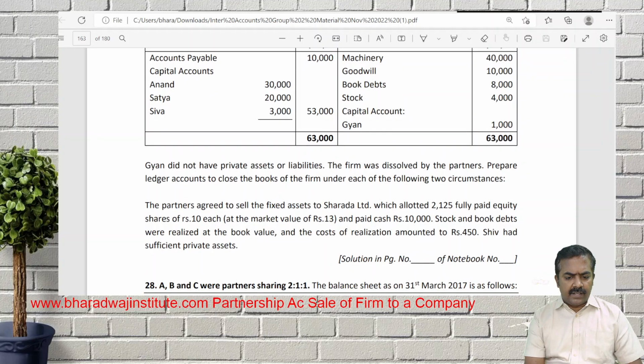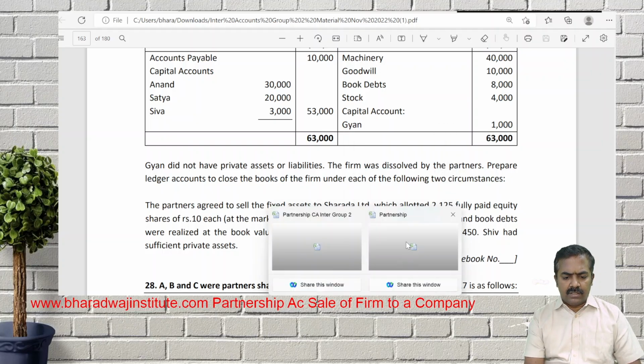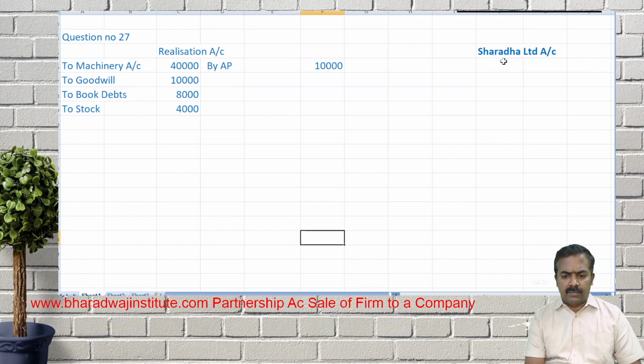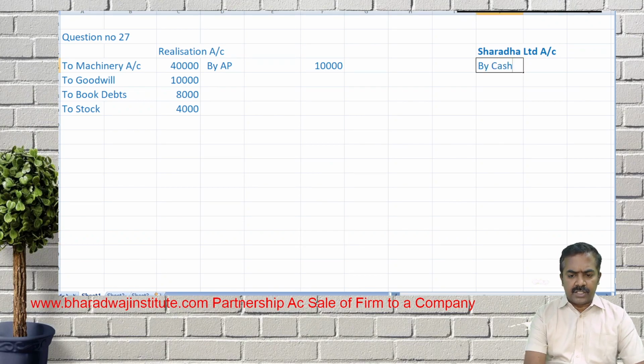How many shares are allotted? 2125 shares at 13 rupees and cash how much? 10,000. We can come from Sardar Limited account. We are getting a cash of how much? 10,000 by shares in Sardar Limited. எவ்வளவு shares allot பண்றாங்க? 2125 shares. What is the value? 13.